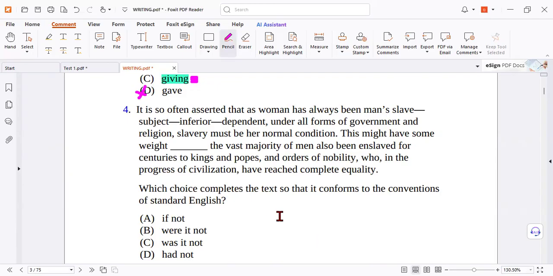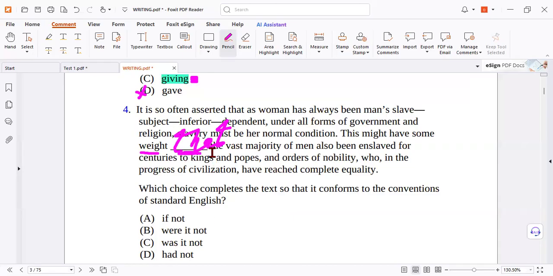Let me help you. We had a point last time for the clauses. Sometimes we delete the clause. This might have some weight that or which that have not. So here we had a relative pronoun, but it's deleted because sometimes we can delete it.